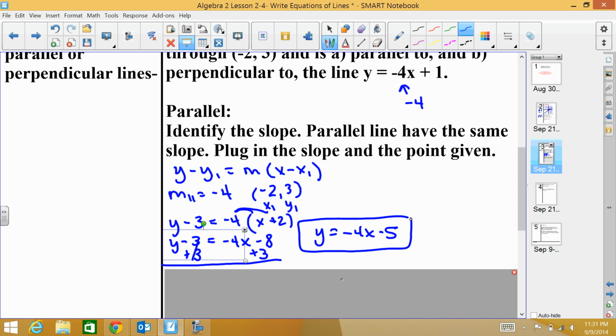So you'll notice this was the same exact answer I got doing it the other way, but I just feel like the other way, using y equals mx plus b, is a lot less confusing because you have less to remember in your formula and less room for error because it's less steps. So again, you guys can choose. If you've already done it this way and you're used to this way, that's fine, but I like to use y equals mx plus b.